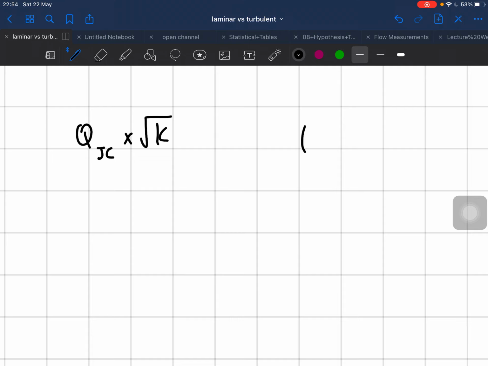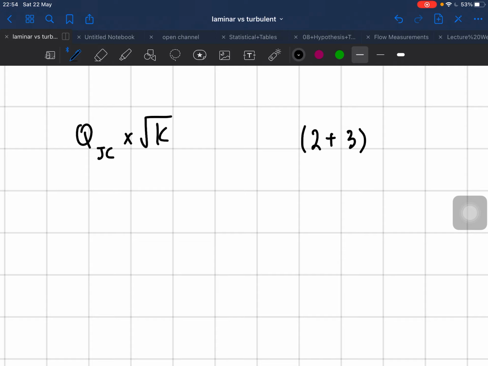Q 2 plus 3. Yeah, so I don't know why it is so silent.